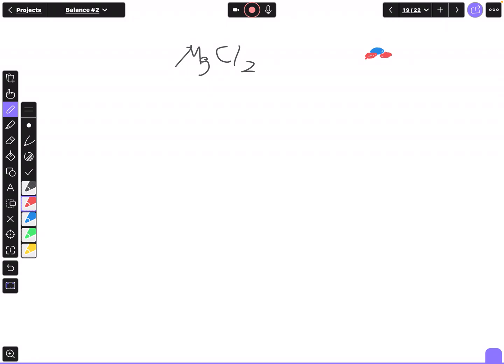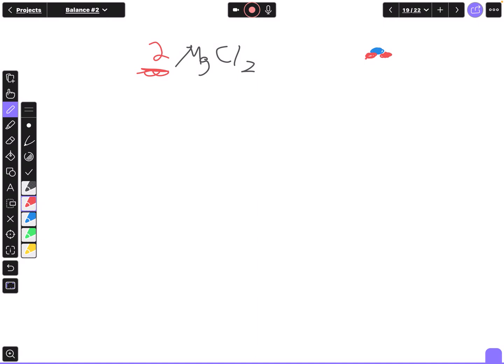Well, if I add a number in front, when I'm balancing equations, I'm adding coefficients. Those are numbers that can only come in front of these elements or compounds. I cannot change the subscripts at all. And if I put a 2 there, what that coefficient tells me is that I now have 2 molecules of MgCl2.